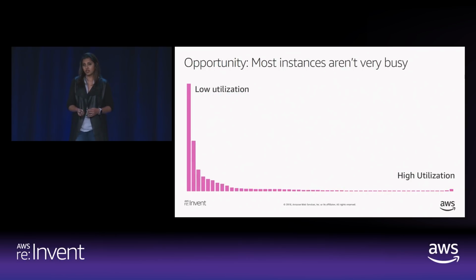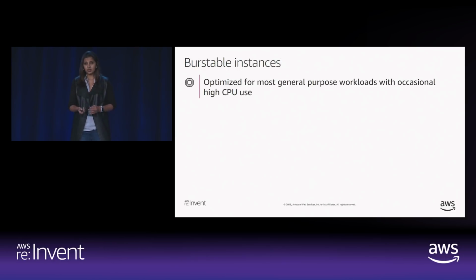We did an analysis of the applications and instances running general purpose workloads, and we saw that the majority of general purpose instances use low CPU utilization, and only a fraction use high CPU utilization. A broad set of general purpose workloads fall on the left side of the chart. This was the driver for us to come up with Burstable instances. We developed a Burstable instance optimized for most general purpose workloads with occasional high CPU use.